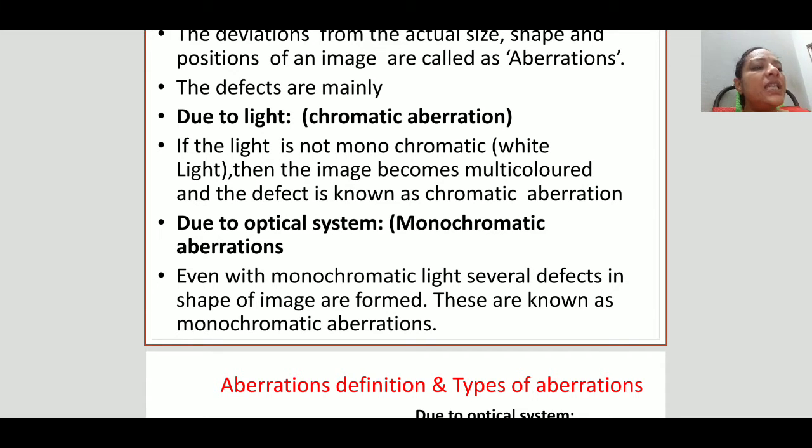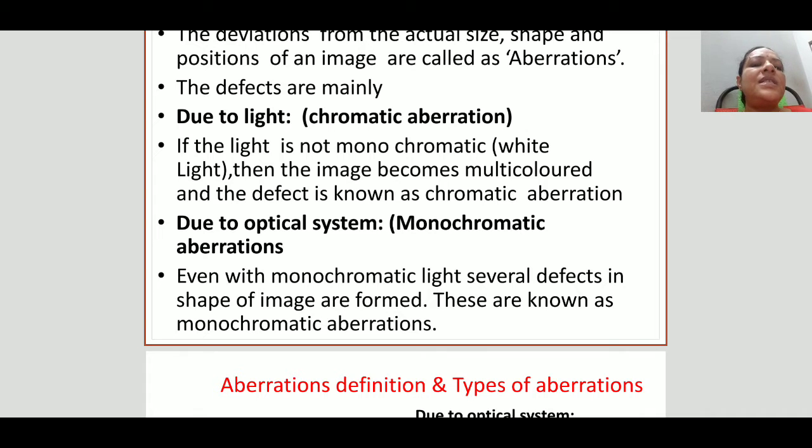Similarly, even if we use monochromatic light instead of white light, several defects are formed in the image. These are known as monochromatic aberrations. These monochromatic aberrations arise due to the arrangement of the optical system and the internal structure of the lens.